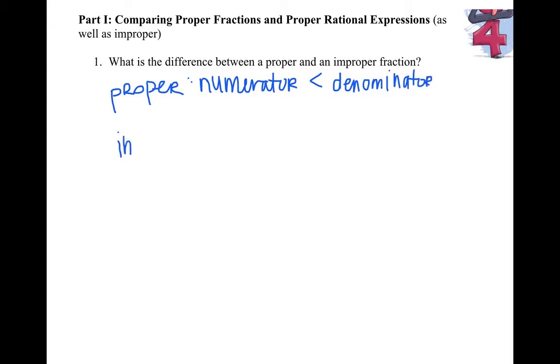If I have an improper fraction, that means that the numerator is greater than or equal to the denominator.